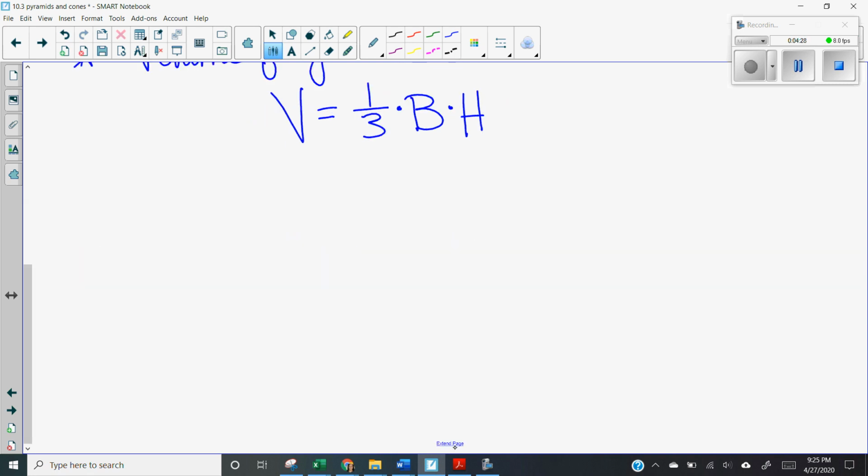Now, just like in the last section, capital B is base area. You need to insert an area formula based on the shape of the base.